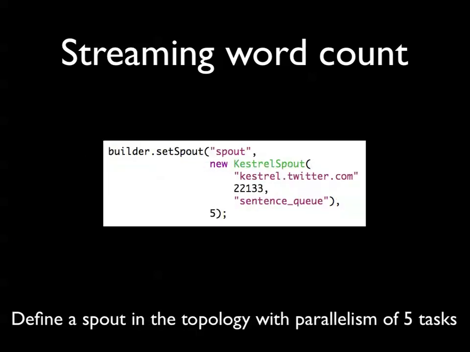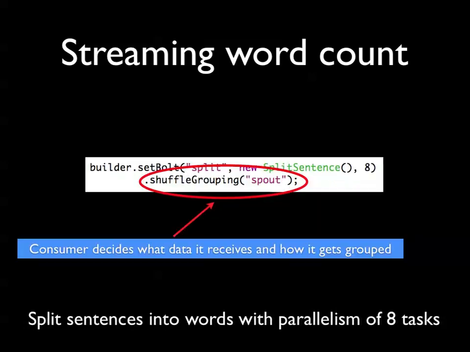The spout component was what we just defined, the Kestrel spout that's emitting the sentences. This says, I want to read that entire stream, and I want the messages sent to me partitioned with a shuffle grouping. As you can see here, it's the consumer who decides what data it receives and how it gets grouped, which when you think about it is really the right way to think about it.